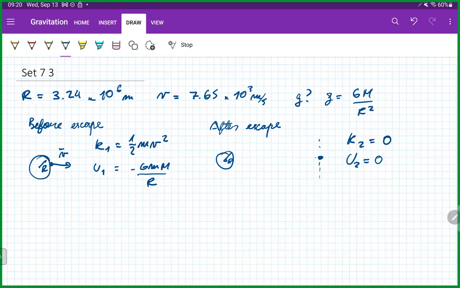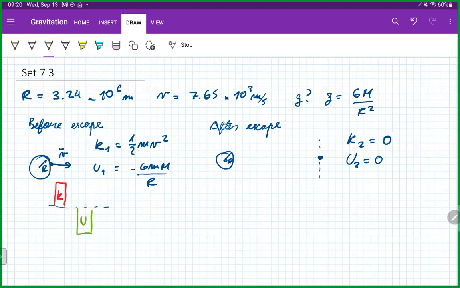You can imagine that we have this reference for energy, and at first you have a lot of kinetic energy and a lot of negative gravitational potential energy.